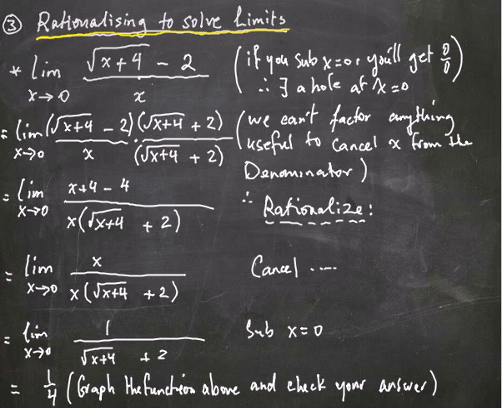Again, if you substitute x equals 0 in both x values, you will get 0 over 0, which is indeterminate, and therefore we have a hole at x equals 0. In order to solve this limit, we're going to try to get rid of that radical sign.